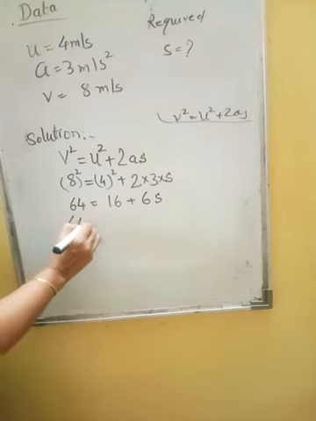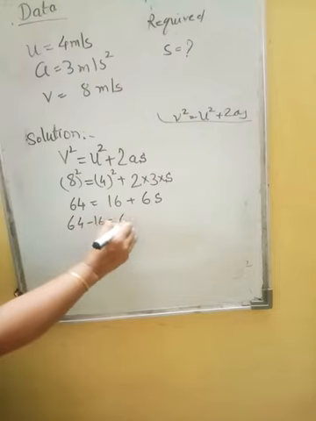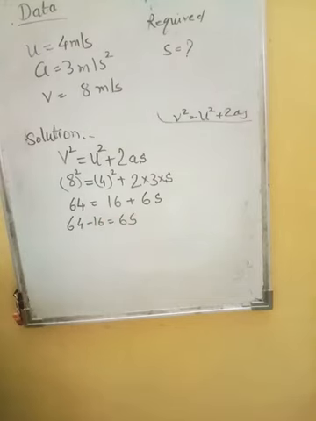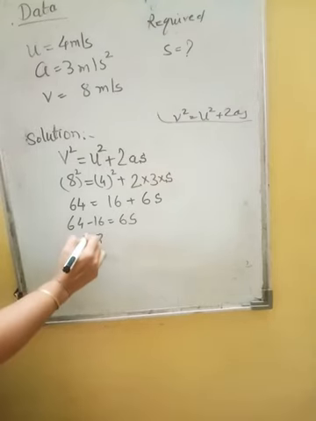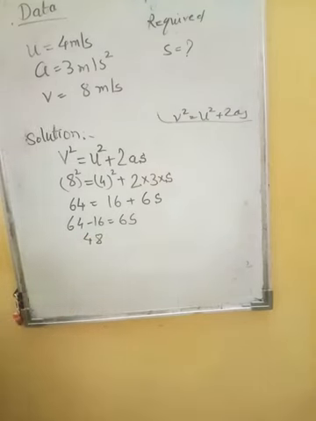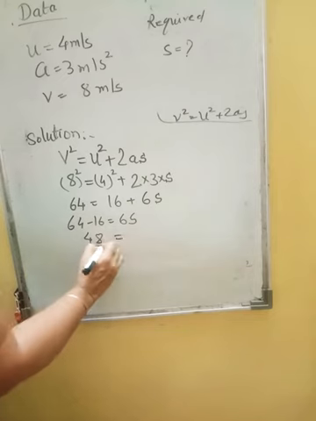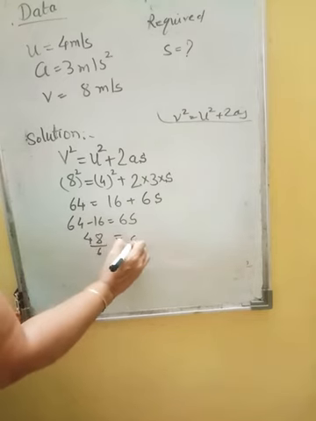So 64 minus 16 is equal to 6s. So do the subtraction. 64 minus 16 is 48 upon 6 is equal to your s.